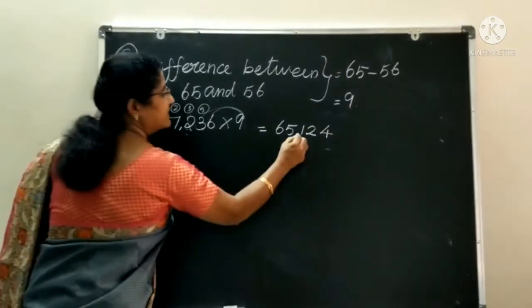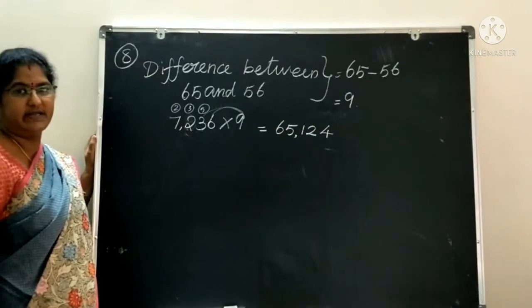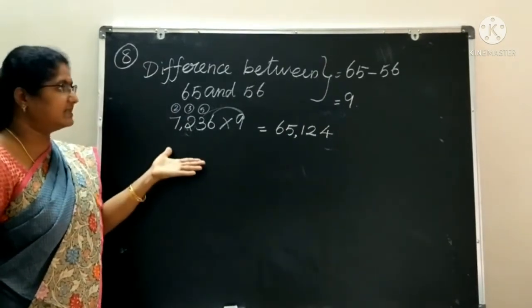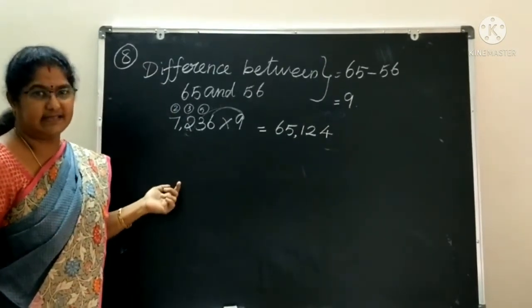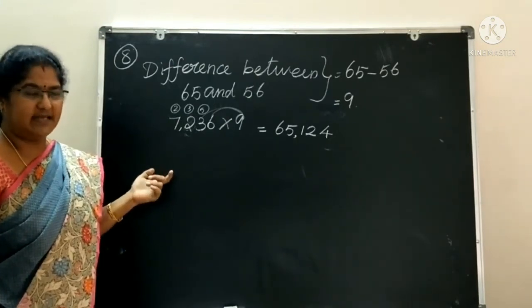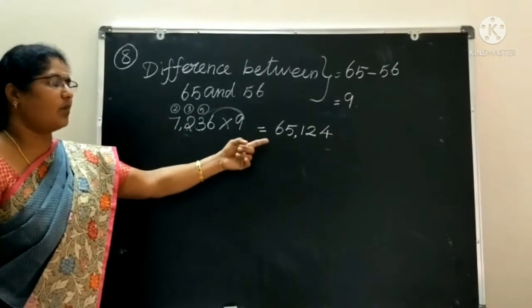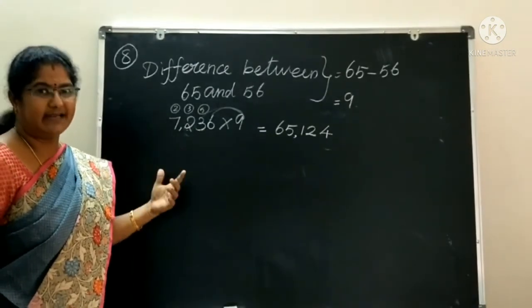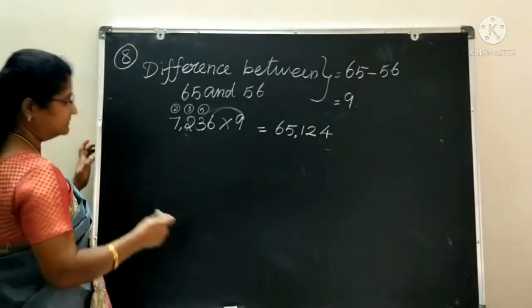Okay, 65,124 is greater than the correct answer. The student's answer is 65,124 greater than the correct answer.